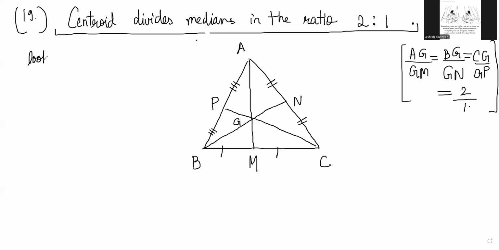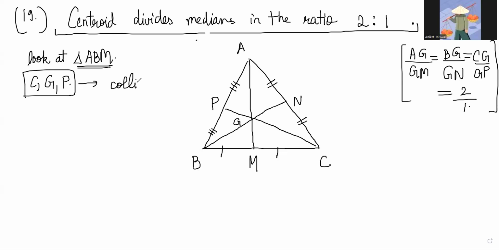Look at triangle ABM and look at the three points C, G, and P. C, G, and P is clearly a collinear situation.